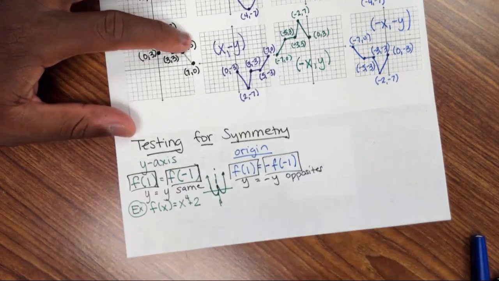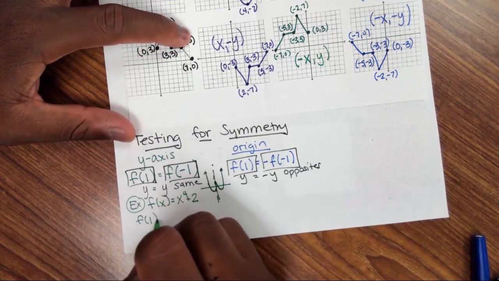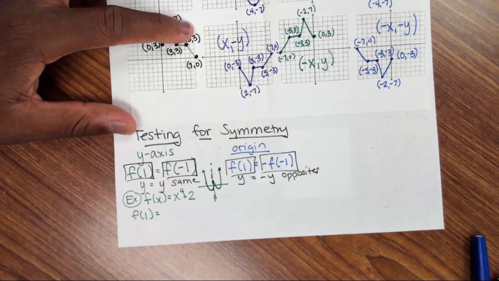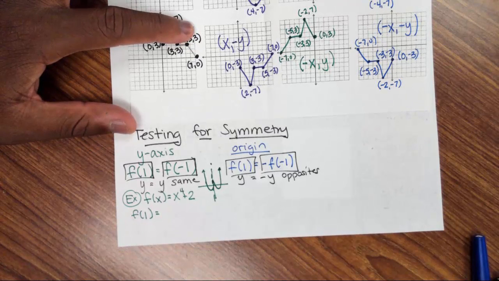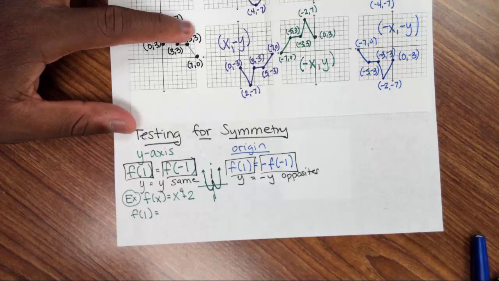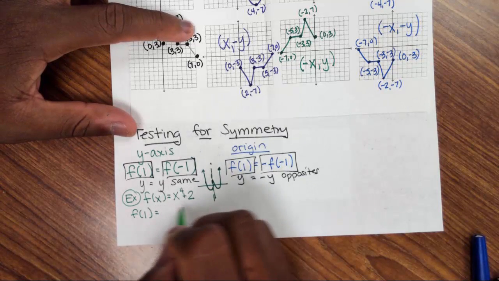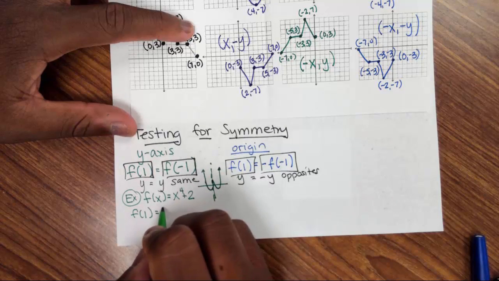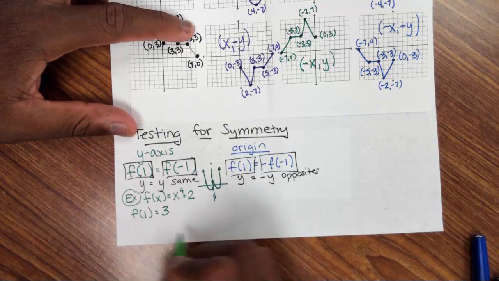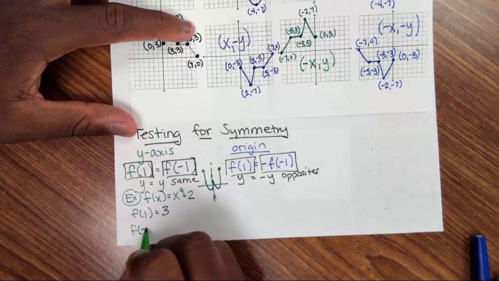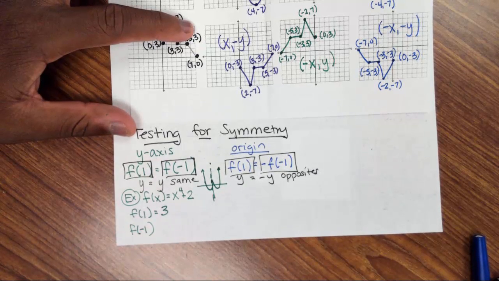Here's how you're going to test. You're going to plug in f of 1. When I plug in f of 1 into that function, x to the fourth plus 2, what is that equal to? Well, what's 1 to the fourth? What's 1 plus 2? 1 plus 2 is 3. Plug in negative 1. What's f of negative 1 equal to? Well, it's negative 1 to the 4th.